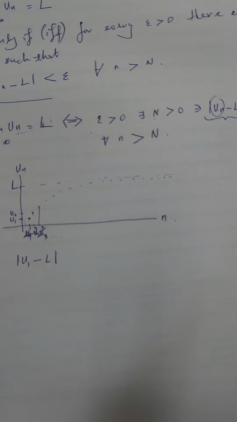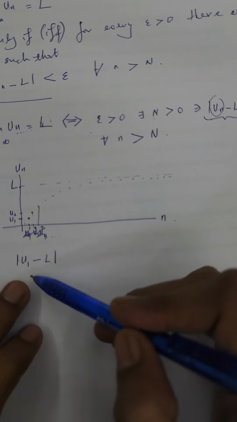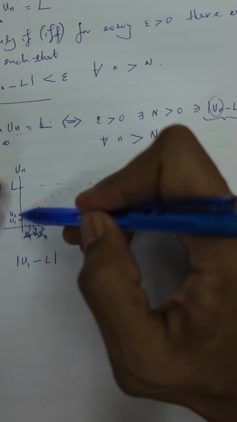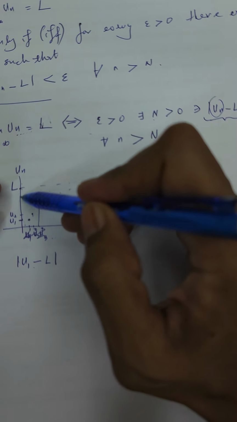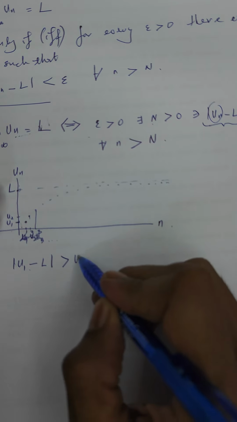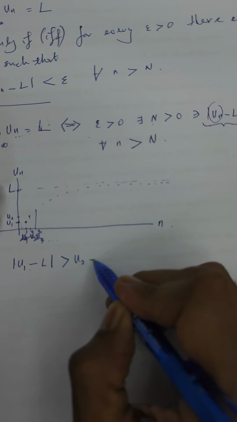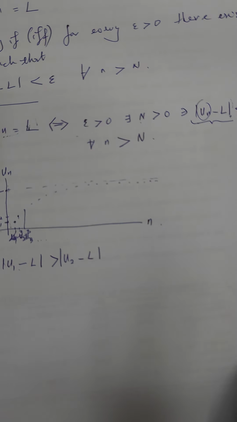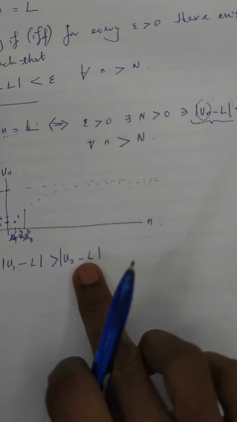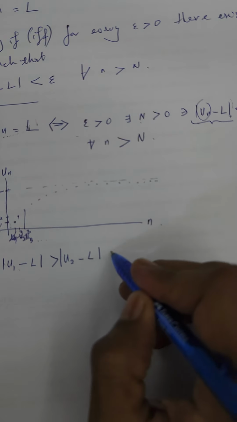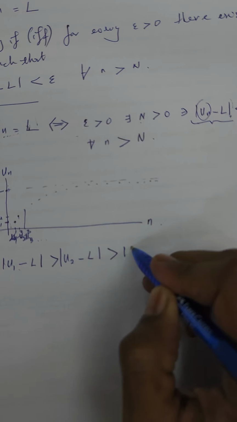Now you can see u1 minus L, this is your L. So definitely this is bigger than u2 minus L, correct? So what I want to say is that this is always like that.